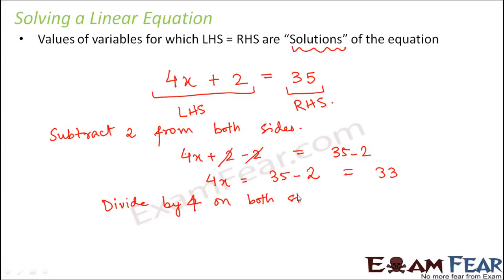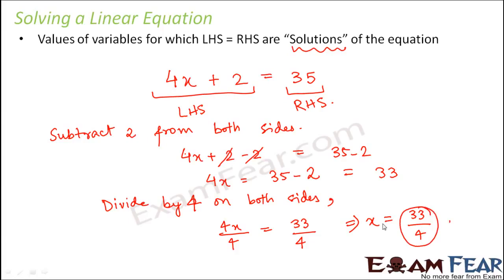Again, when we divide on both sides, the equality is maintained. So 4x by 4 is equal to 33 by 4. Therefore, x is equal to 33 by 4. So we are able to find out the value of x for which this equation holds true. So x is equal to 33 by 4 is the solution for this linear equation. This is how we found the value of x.